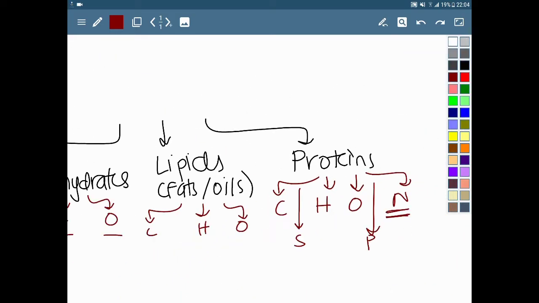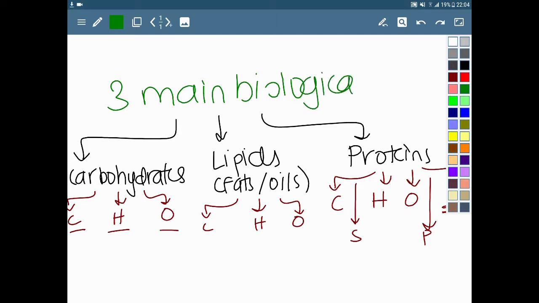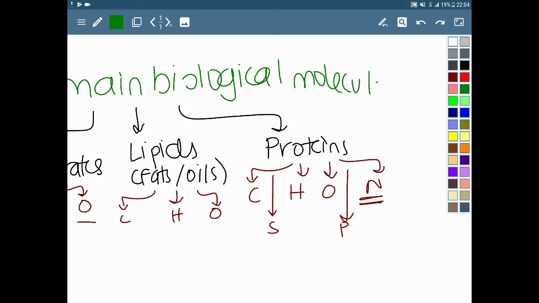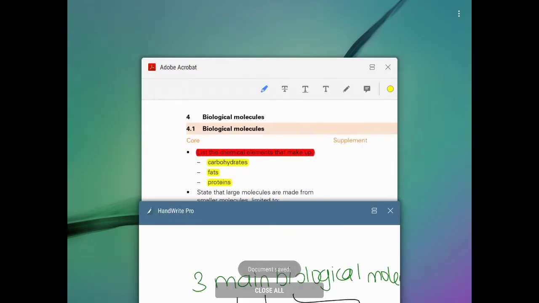So these are the three main biological molecules. Okay. Now you can either screenshot this or write it down on a separate book, and it's going to help you.